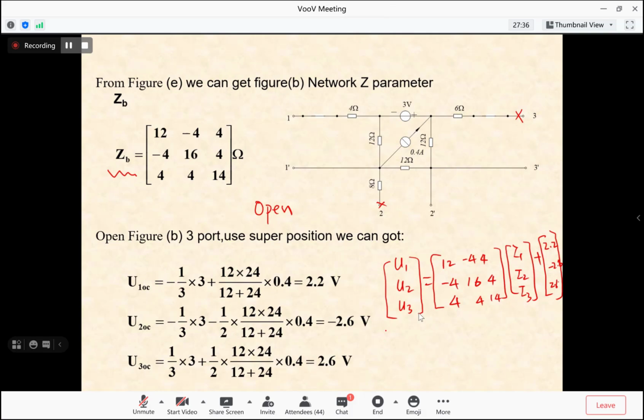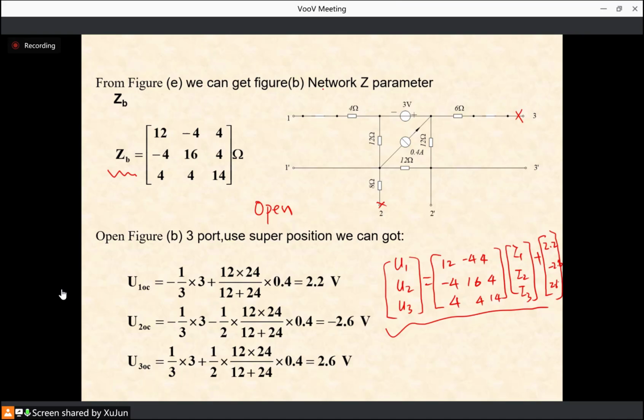So this is for the total 3-port active network. This is the function.